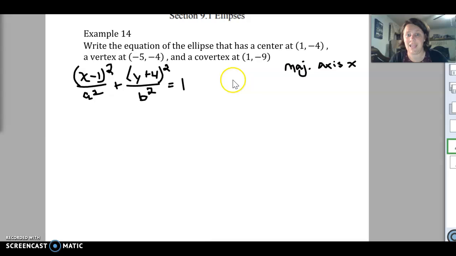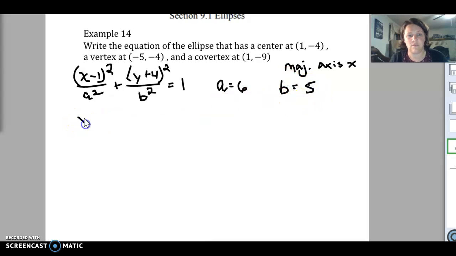That means a is going to equal 6, because that's the distance between the center and the vertex. And then b is going to be the distance from the center to the co-vertex. From -4 to -9 is going to be a distance of 5 units.